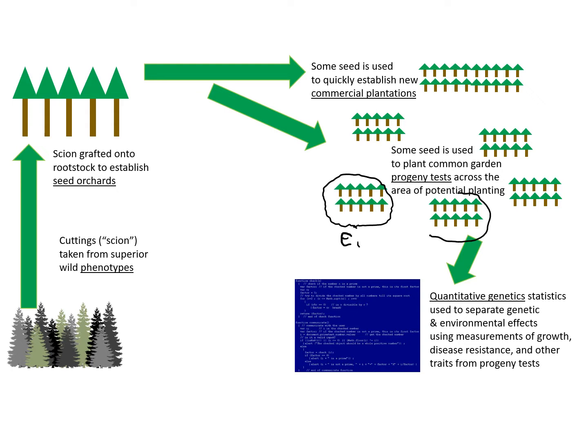But we have other progeny tests growing in different environments. So we have tests of these offspring in many different environments, and that enables us to use quantitative genetics to separate out the effects of those different environments from the genetic effects on the traits of interest, whether that's growth, disease resistance, whatever.